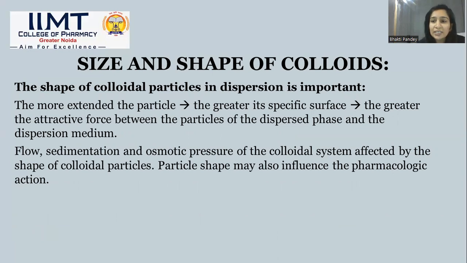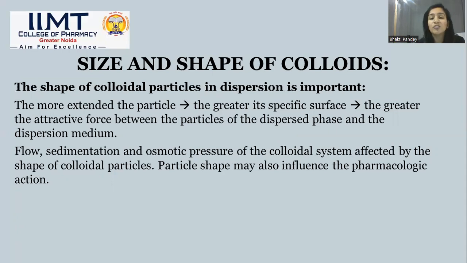The shape of colloidal particles in a dispersion system is very important. The more extended the particle, the greater its specific surface and the greater the attractive forces between the particles of the dispersed phase and the dispersion medium. Basically, flow, sedimentation, and osmotic pressure of a colloidal system are affected by the shape of colloidal particles.